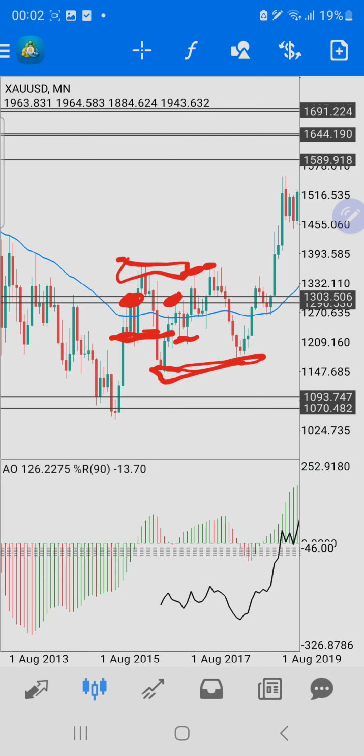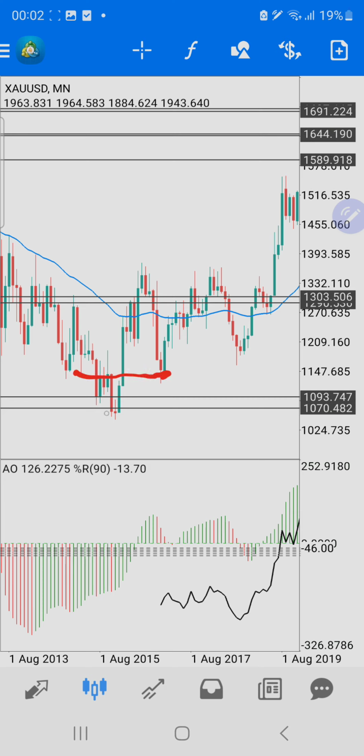If we look at it in the other direction, the market breaks this neckline. This is setup number one again, and the previous one I shared is also setup number one. This is the area where we were supposed to buy. The market retests the neckline and goes up, and it never comes here.